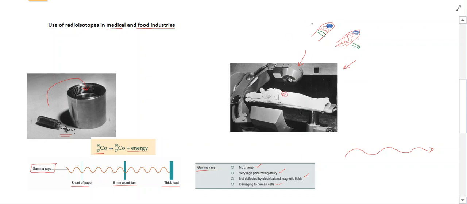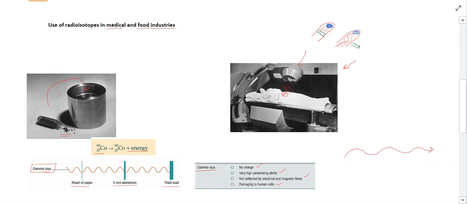The gamma rays are damaging the human cells, but the cancerous cells are even more susceptible to damage by the gamma rays. So they'll direct these gamma rays onto the tumor, so they'll blast the tumor with these gamma rays.